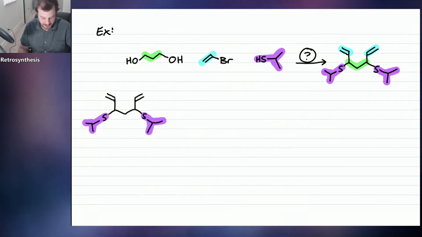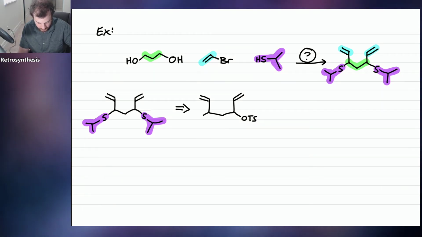So remove dead-end groups because those go on with SN2 and SN1 reactions at the very end. So just replace those with tosylates. Okay? So these are our dead-end groups.